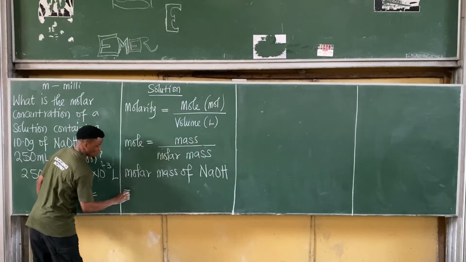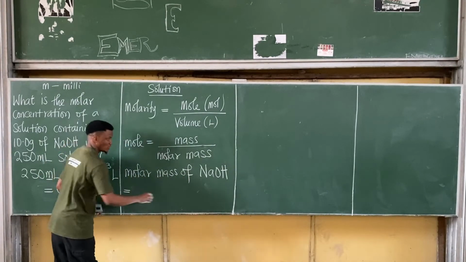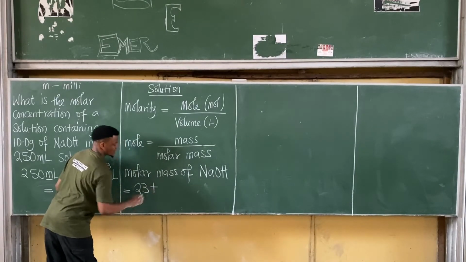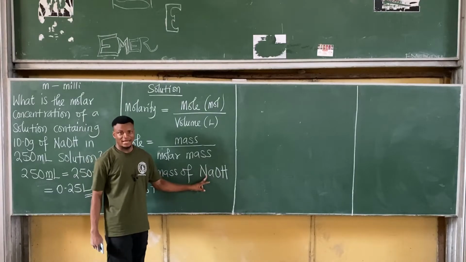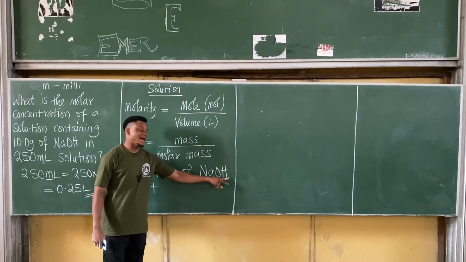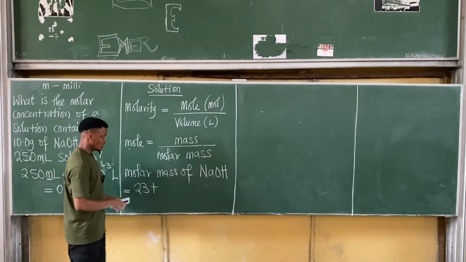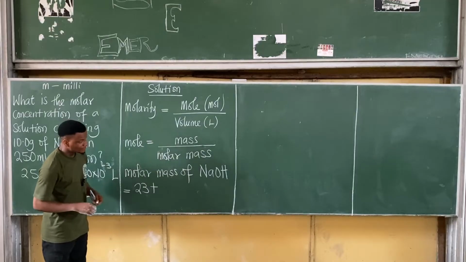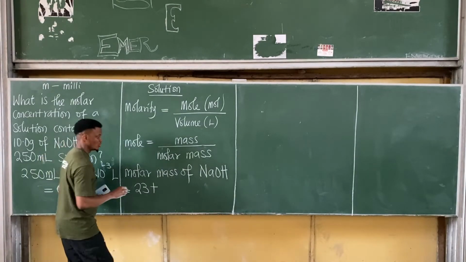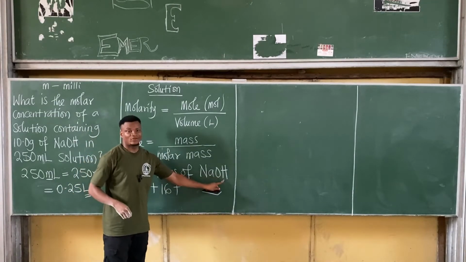For sodium, the atomic mass is 23. So this becomes 23 for sodium, plus, this compound contains 3 elements, sodium, oxygen, and hydrogen. I've gotten sodium, let's get oxygen. The atomic mass of oxygen is 16, so it becomes 23 plus 16, plus, finally, hydrogen.